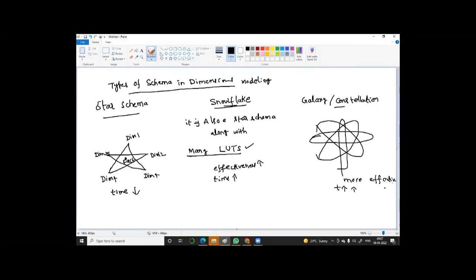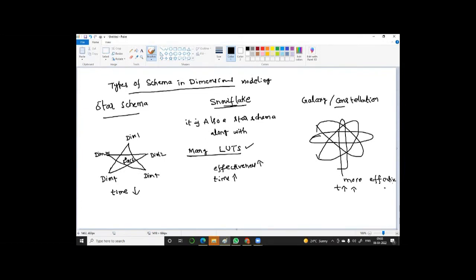So this is what constellation means: a combination, a bunch of stars available in this constellation or galaxy schema. Grouping of stars is called a galaxy, so the same definition happens here. The difference to understand is effectiveness and time. As you go more effective, time consumption generally grows, unless the design is very clear.